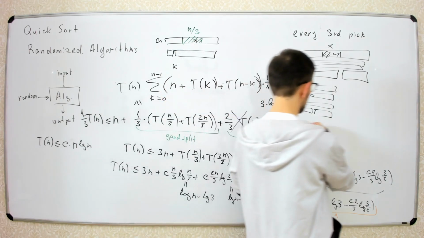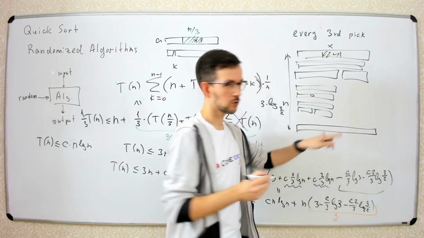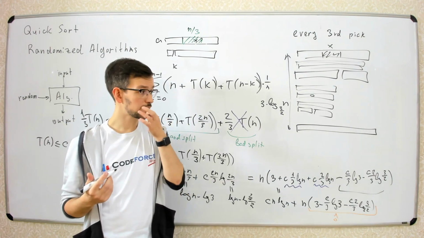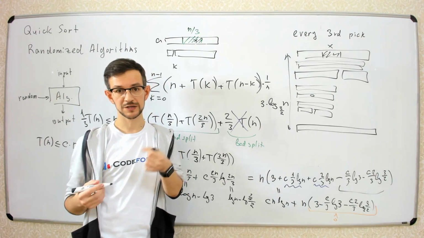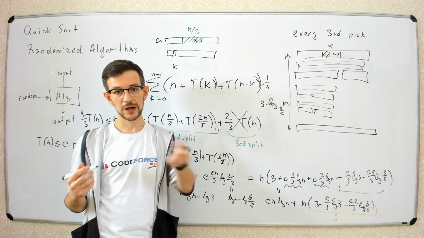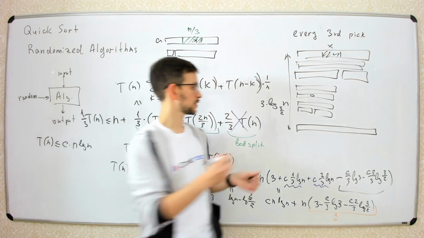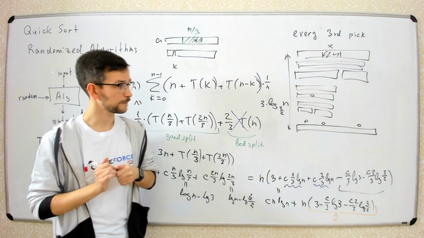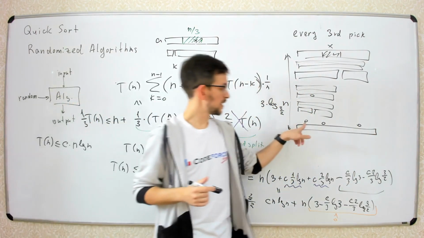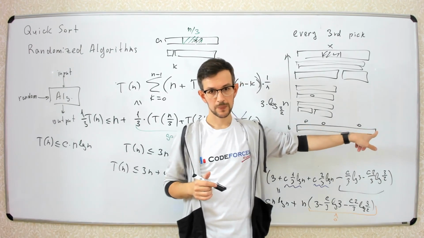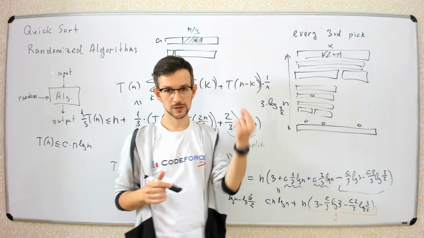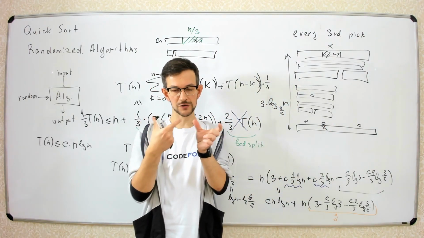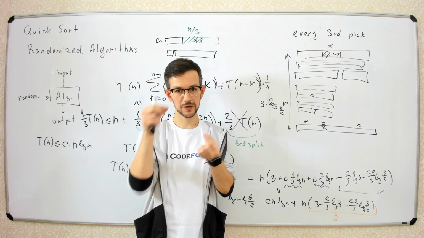One way to do it is to pick not one element, but let's say 3 random elements from the array. Then look at these 3 elements, sort them, and pick the middle one as x.